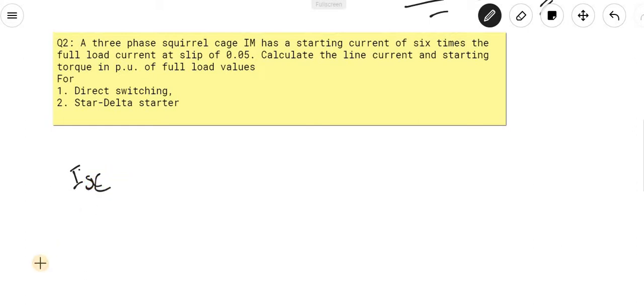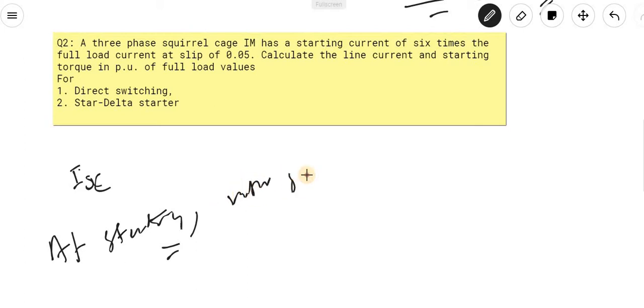See one thing. At starting, if motor inertia exists, then at the starting instant the motor is at stand still.